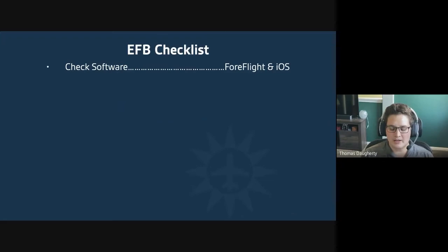With ForeFlight, we also recommend that you update that software when you're on the ground, not right as you're about to walk out to a flight. We take a lot of care to ensure that changes aren't too drastic, but the last place you want to be as you try and figure out what changed in your software is when you're on an approach trying to fly the aircraft.